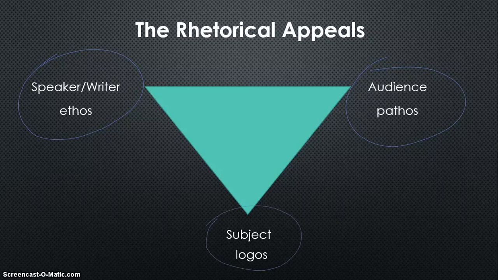When we're talking about logos, we're talking about something outside of either the speaker or the audience, but rather this information, facts and figures, and putting it together in a logical way so that it's easy for the audience to take in.